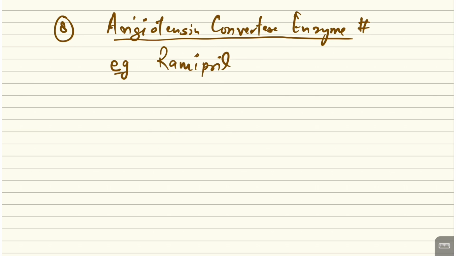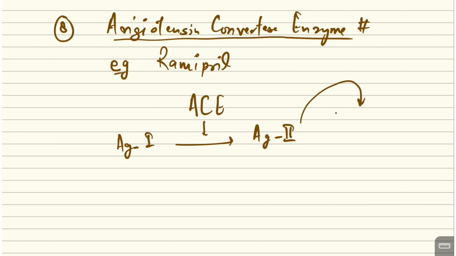First we understand why these drugs are given, so we'll see the normal mechanism. Normally, the angiotensin converting enzyme converts angiotensin 1 to angiotensin 2, and this angiotensin 2 then works on the blood vessels. Normally the blood vessels are dilated, but when angiotensin 2 comes, these blood vessels become constricted, and that will increase the blood pressure.